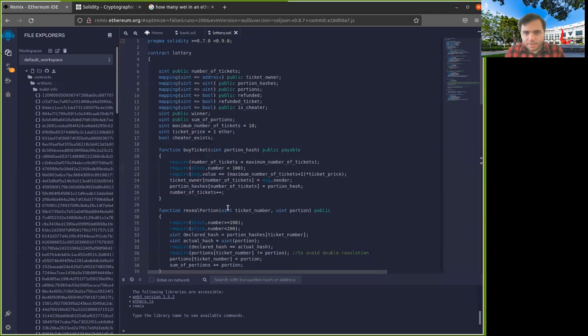Another thing that I would really recommend whenever you write smart contracts is to have several other people read your smart contracts and try to attack them. There are actually companies right now that provide this kind of security check as a service.